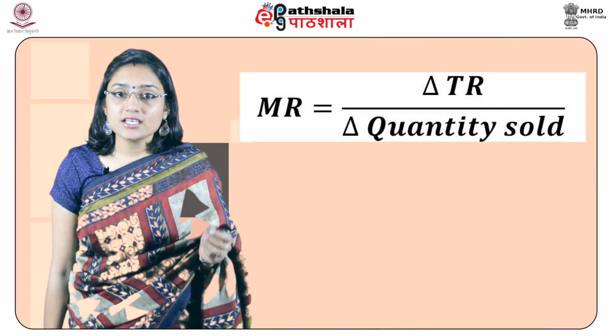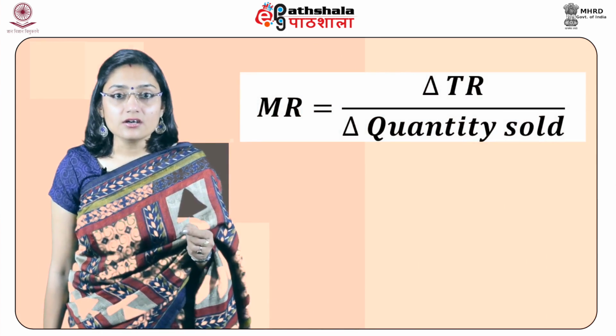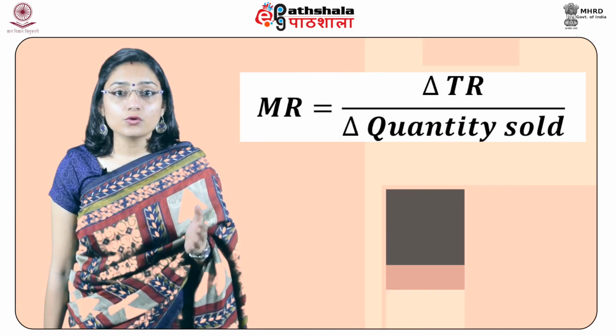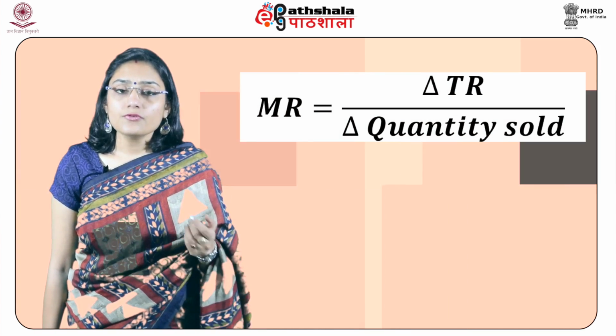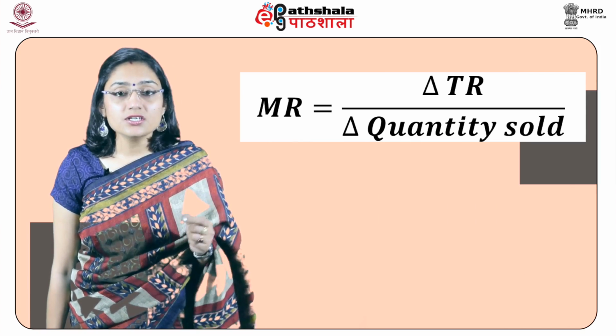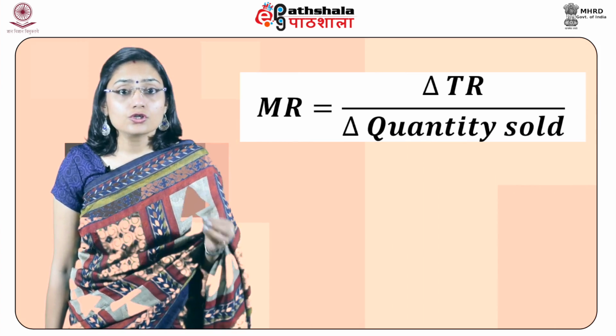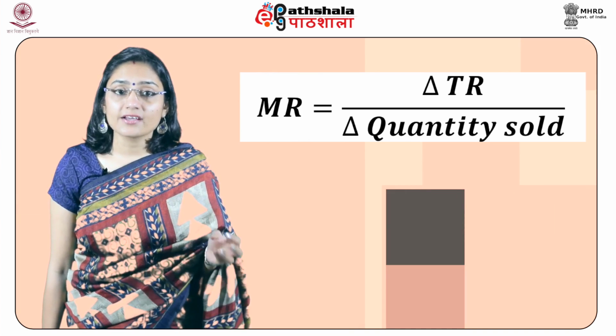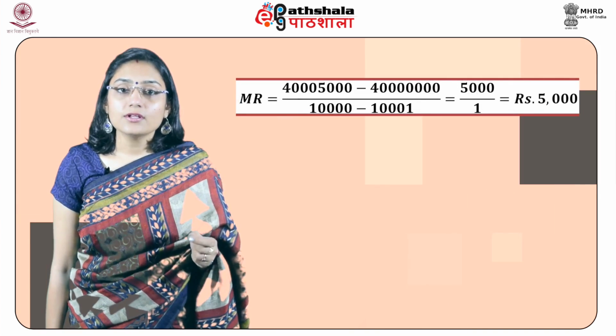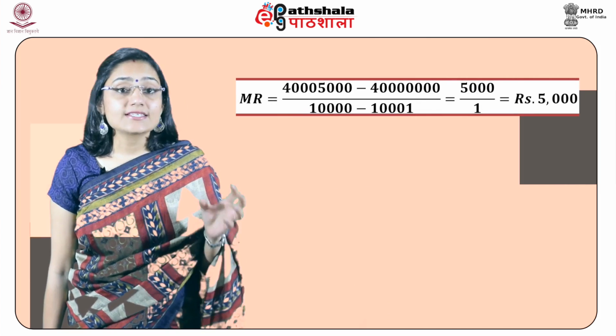Marginal revenue. Marginal revenue is the change in the total revenue when a firm tries to sell one more unit of its output in the market. MR is equal to change in TR divided by change in quantity sold. The above formula suggests that marginal revenue is calculated by dividing the change in the total revenue by the change in the quantity sold by the firm. For example, ABC Limited Company makes cell phones.